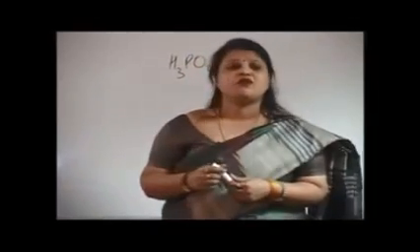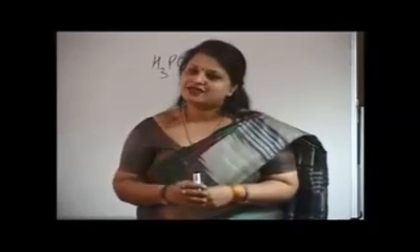Now, phosphoric acid is a slightly different case in comparison to sulfuric acid and nitric acid. And to study this series, one should always start with H3PO4. Now, it is an established fact that H3PO4 is a tribasic acid. If it is a tribasic acid, it should have 3 OH bonds.